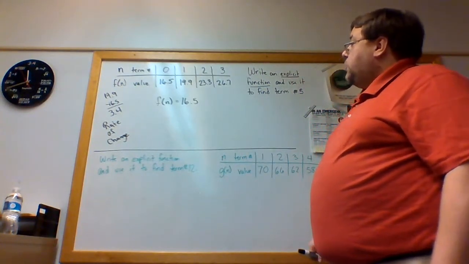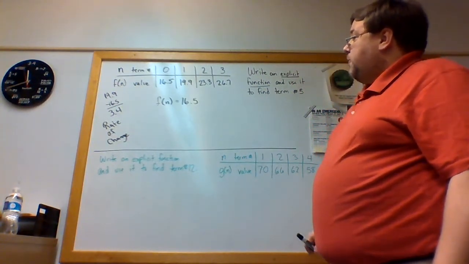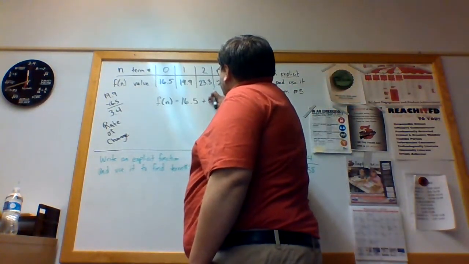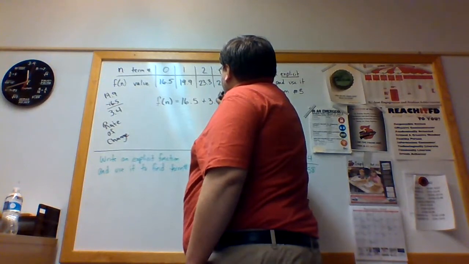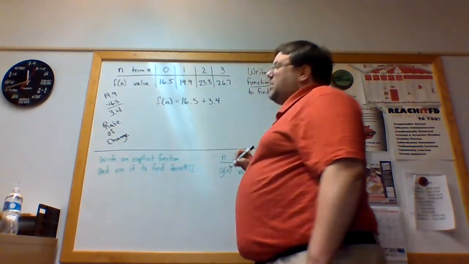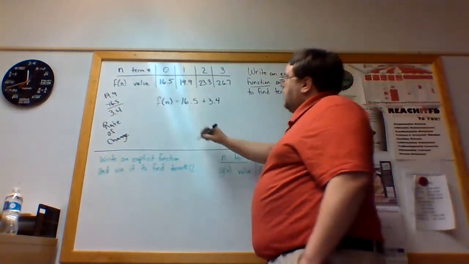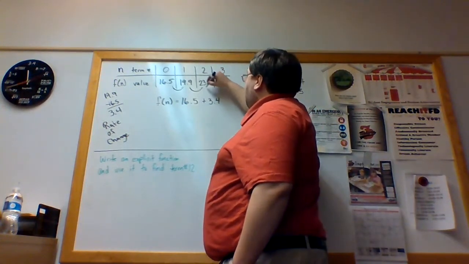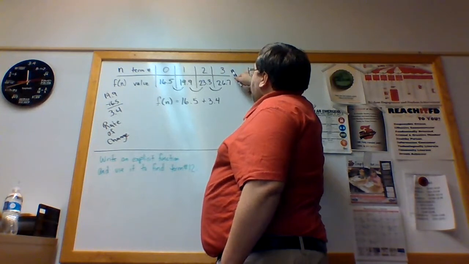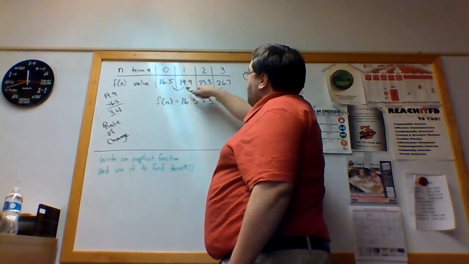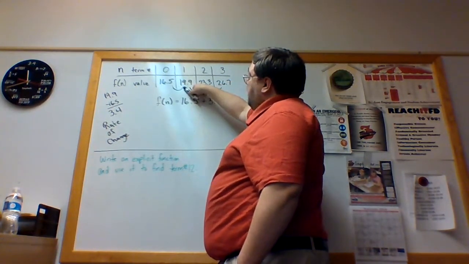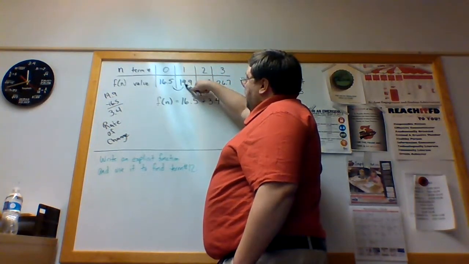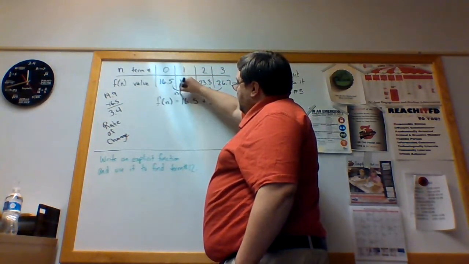So since I know that this pattern is going up by 3.4, I'm going to add 3.4 onto it. But I don't want to just add that 3.4 on once, because it adds it on once to get to there, a second time, a third time. So notice the number of times I add that 3.4 on matches with the term number. Term number 1 I get when I add 3.4 on once.